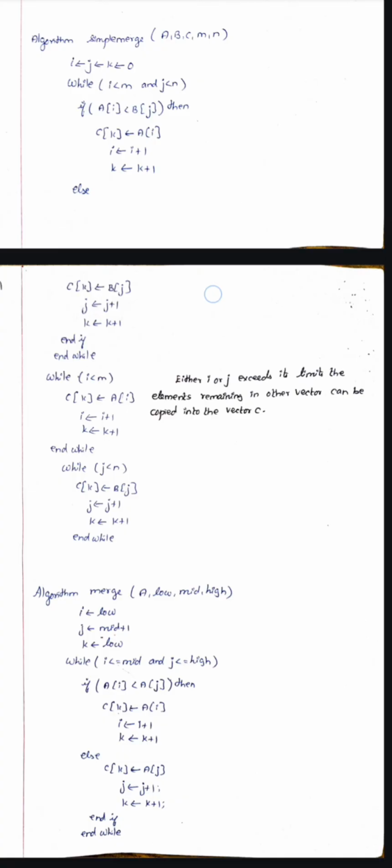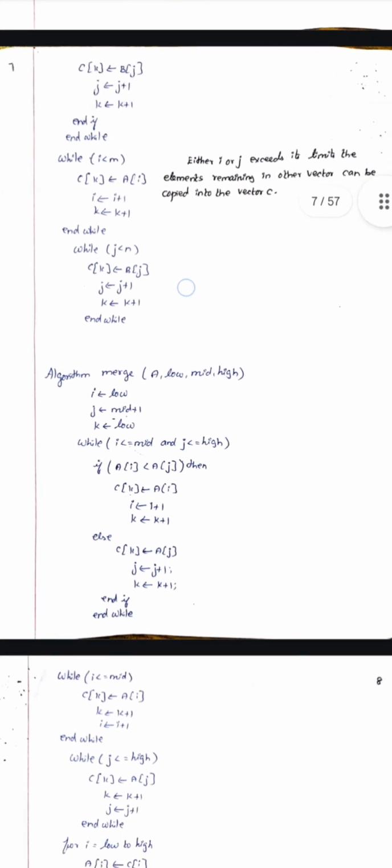While j less than n, c of k equals b of j, j plus 1, k plus 1. And while either i or j exceeds its limits, the elements remaining in the other vector can be copied into the same vector c.